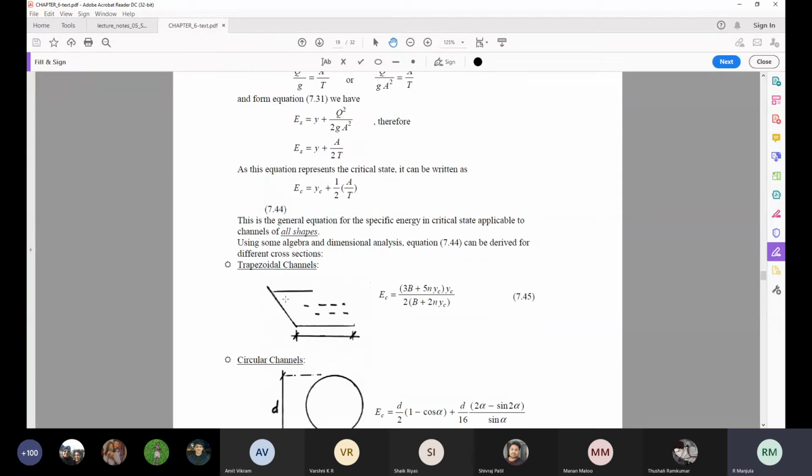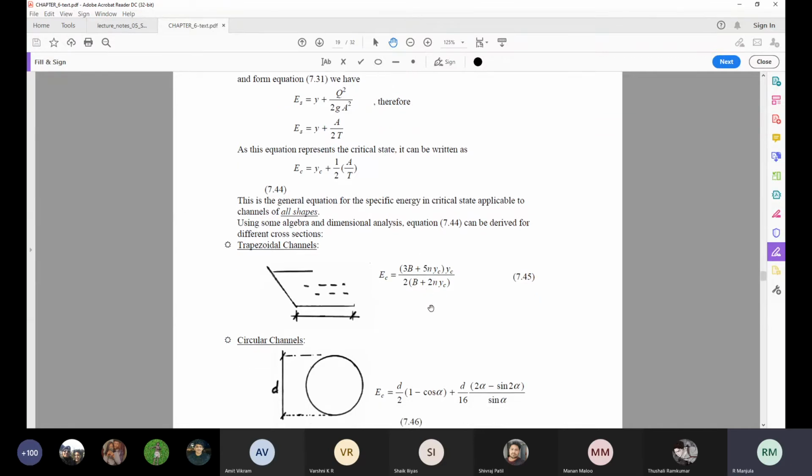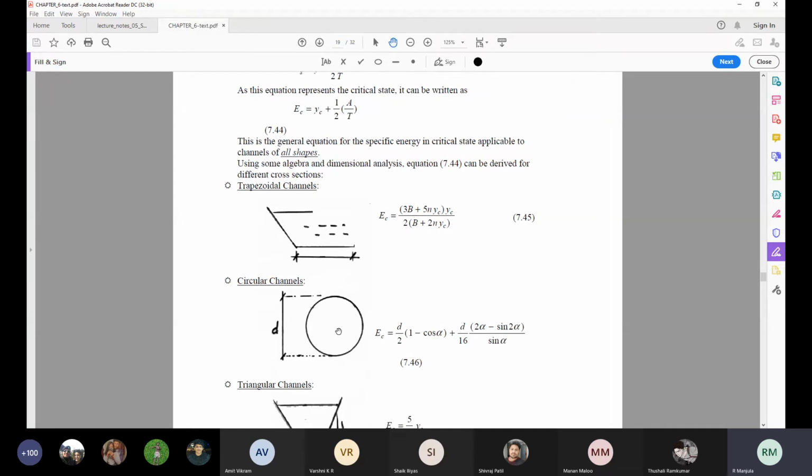I am taking the trapezoidal channel first. Ec is equal to (3b plus 5ny) by (2 into (b plus 2ny)) times Yc, where n is nothing but your side slope. Substituting the area of the trapezoidal channel for A, you get the specific energy for the trapezoidal channel. Similarly for a circular channel, you express it in terms of alpha, which is the inclination with respect to the depth of flow.